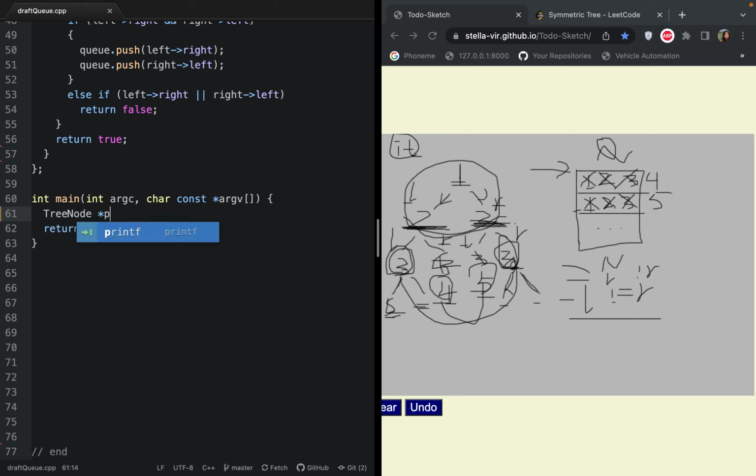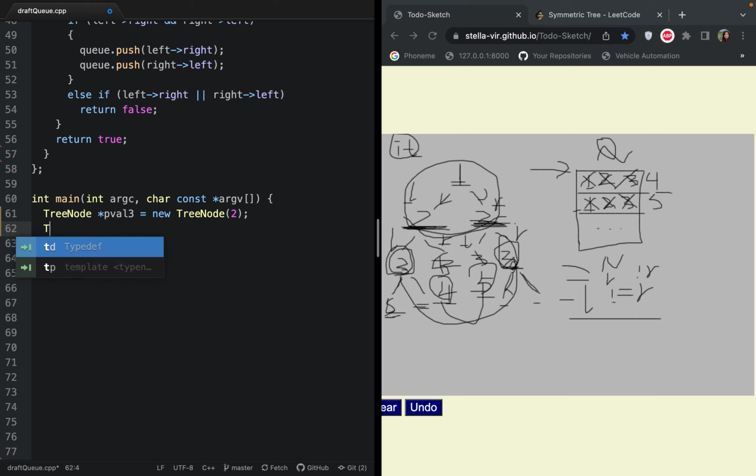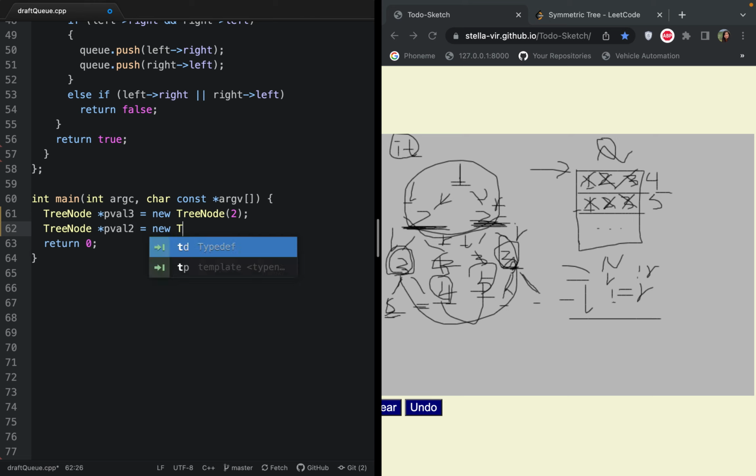Let's construct a new pointer, tree node 2, which is the third position, on the right side. Let's put the value 2 for the second one too, and assume there are only these 3 nodes, so there's no left or right, they're both null.